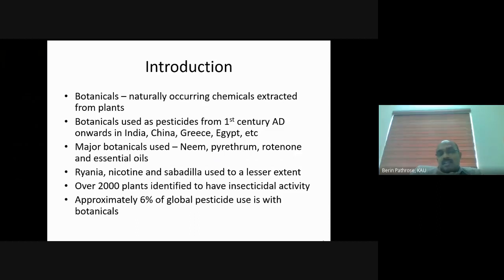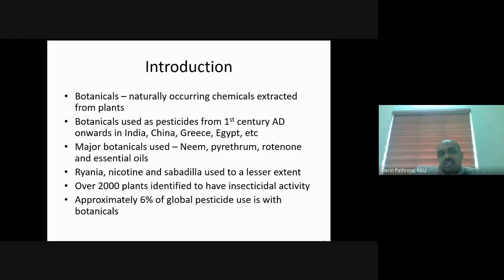Say a pest which is feeding on banana: if you take the extract of banana and spray it on that pest itself, it won't get repelled. It won't have any anti-feedant property because the insect has the ability to detoxify that secondary metabolite present in banana. But take some banana extract and spray it on rice. At least to some extent, it may have some impact on the insect that's feeding on the rice crop.